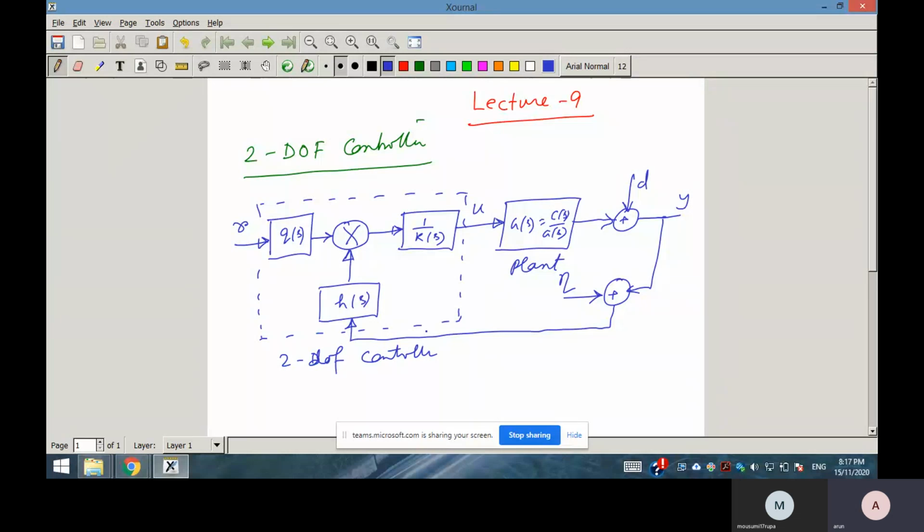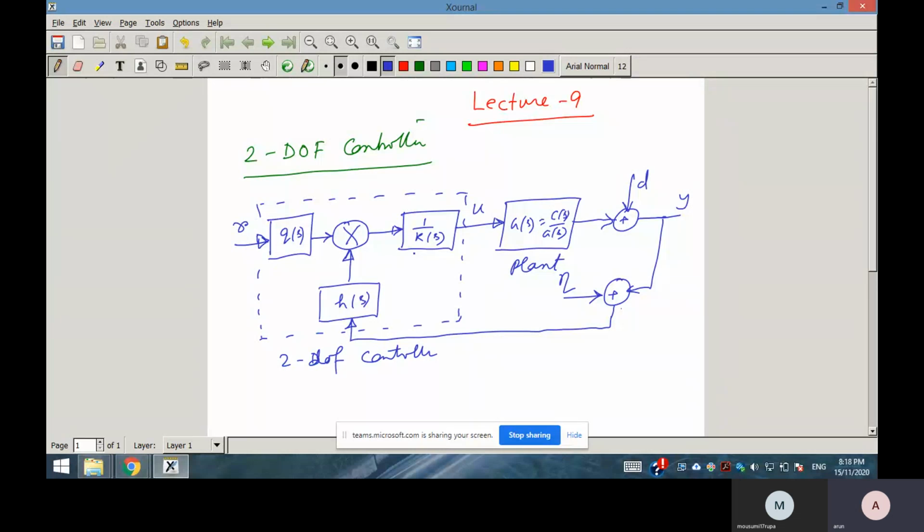Now what is the difference? You can easily see that here the measurement output and the reference input are being treated in an independent way.